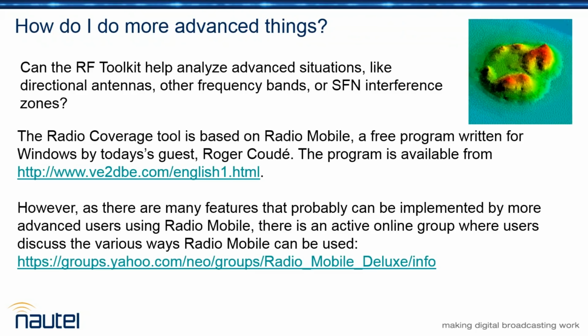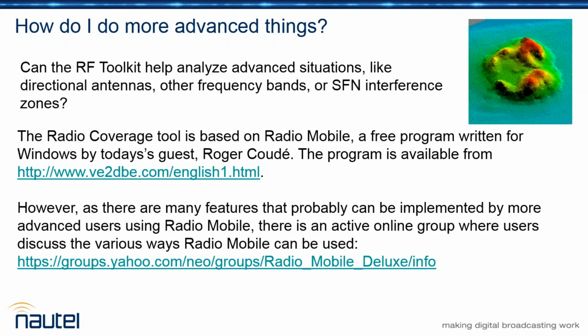Continuing on: can the RF Toolkit help analyze advanced situations like directional antennas, other frequency bands, or SFN interference? The bottom line is no. It's designed to be very simple to operate, and because it's simple, it's relatively sure that you're going to get the accurate result that you want.